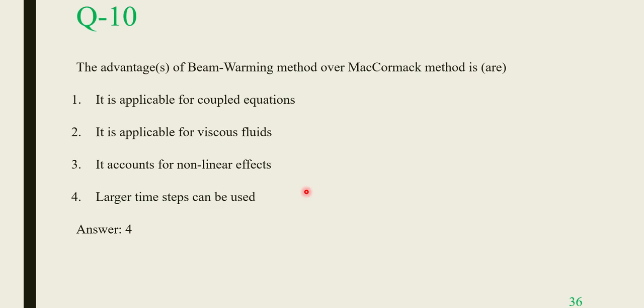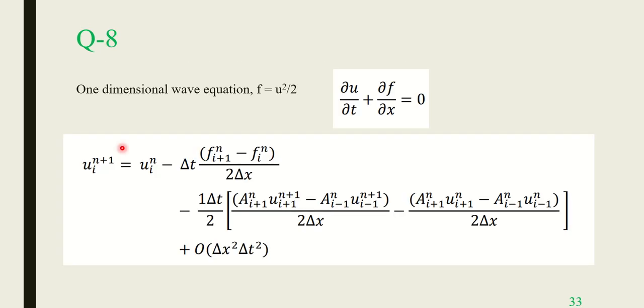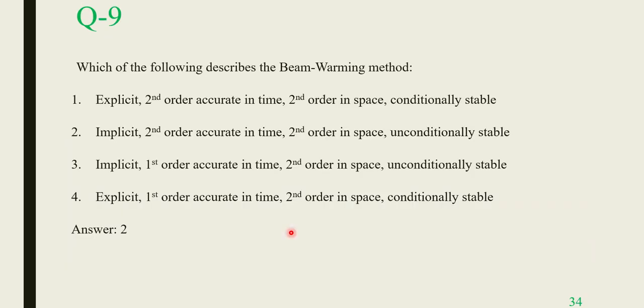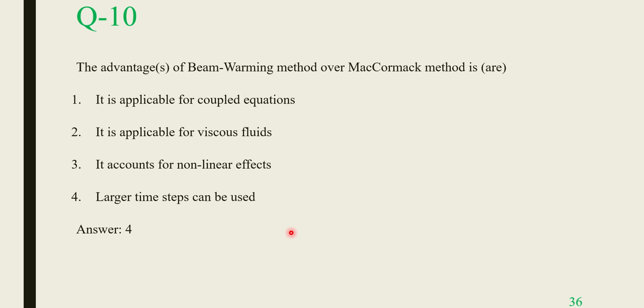Whereas the beam warming method is an implicit scheme, where we would get a tridiagonal matrix at the end, which should be solved to get the solution. The beam warming method is also second order accurate in space as well as in time, as we saw over here, and it is an implicit technique.